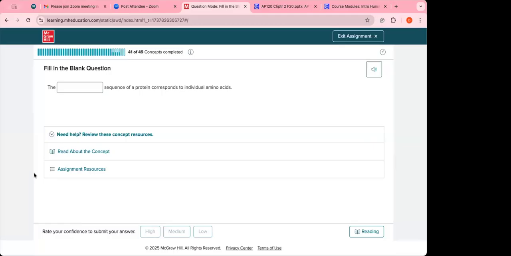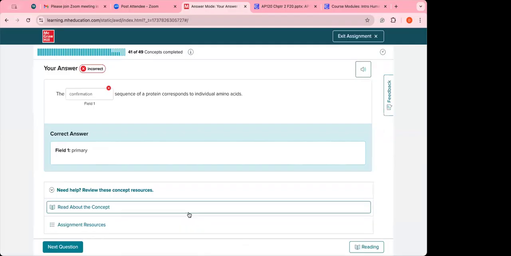But it's the way the peptide bonds are put together. You can try conformation because I saw that, but I'm not sure if it's the word that it wants. Try that and see. I don't know what it wanted.